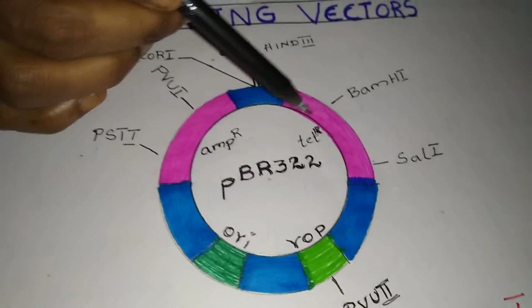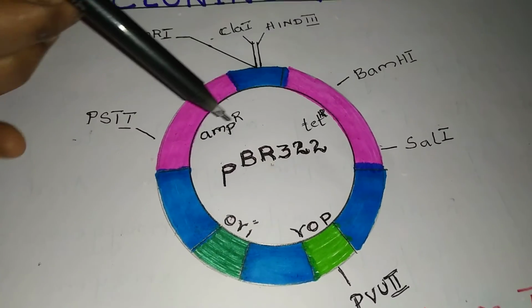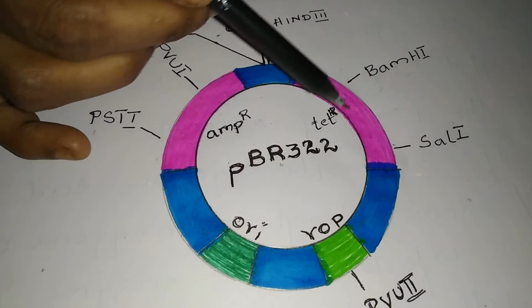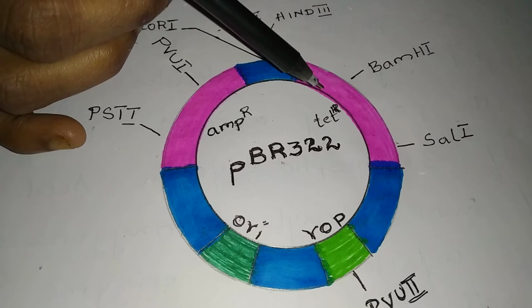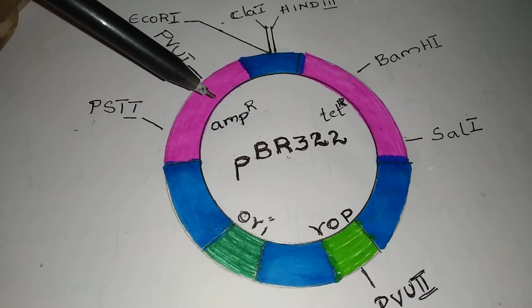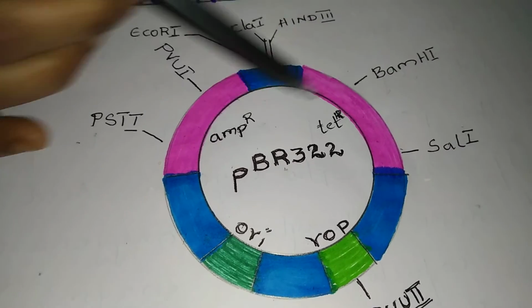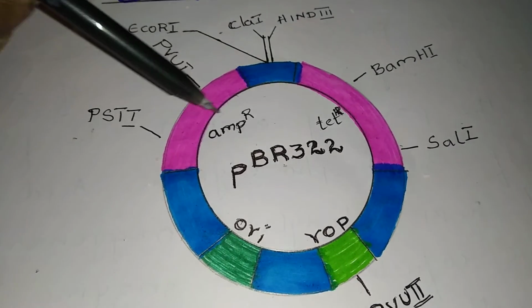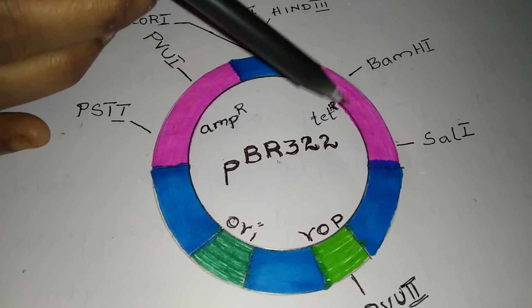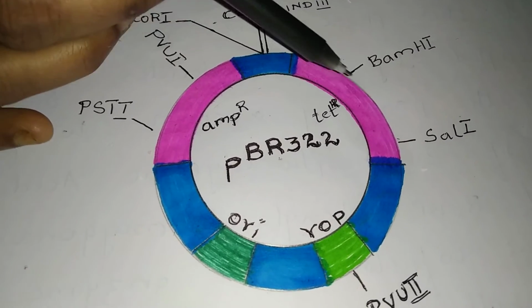So the non-recombinants can grow in the medium containing both ampicillin antibiotic as well as tetracycline antibiotic, because the non-recombinant DNA will not have any foreign DNA in any of the gene sequences, either in the ampicillin gene sequence or in the tetracycline gene sequence. There is no ligation of foreign DNA.